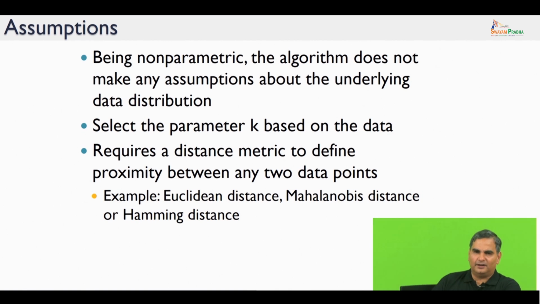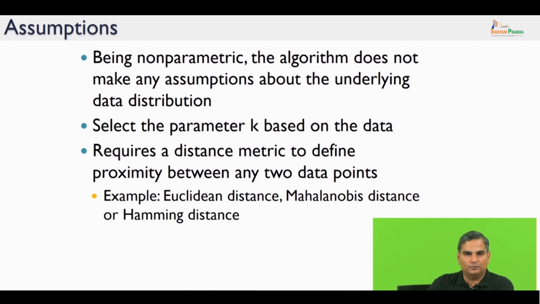Now remember at the beginning of this portion on data science algorithms, I talked about the assumptions that are made by different algorithms. Here, for example, because this is a non-parametric algorithm, we really do not make any assumptions about the underlying data distribution. We are just going to look at the nearest neighbors and then come up with an answer.